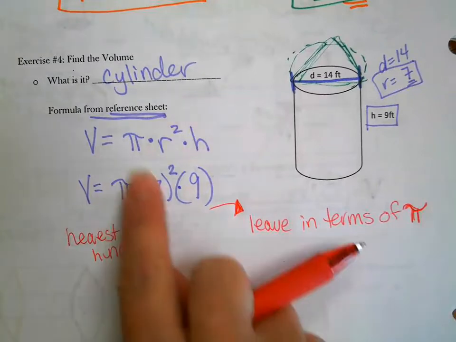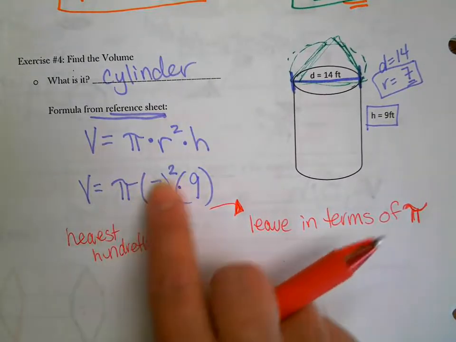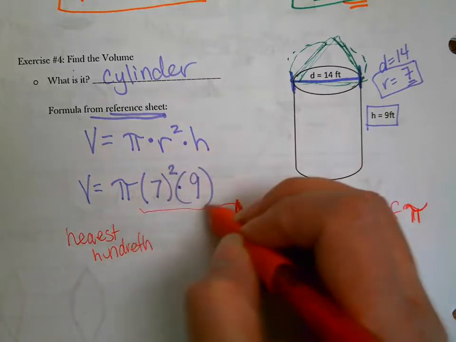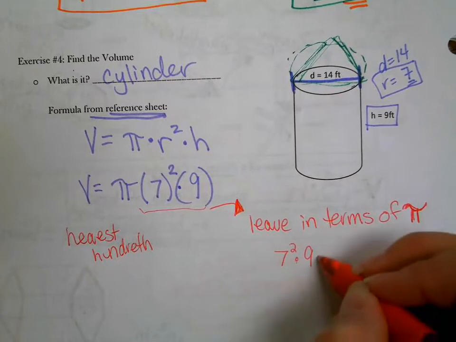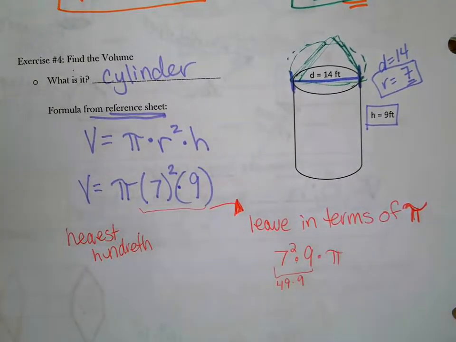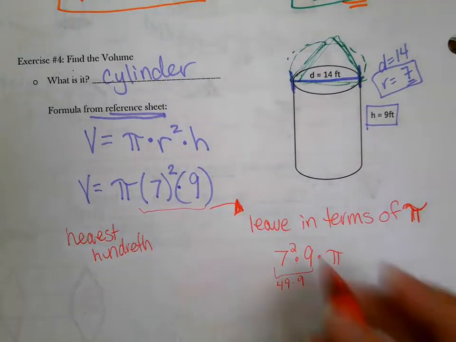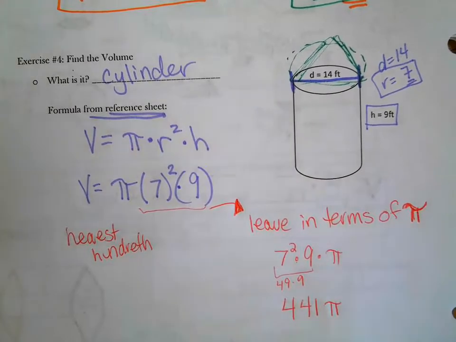In terms of pi means we treat this pi symbol as an x. So this is x times 7 squared times 9. Now these numbers can be multiplied together. So I'm going to rewrite that as 7 squared times 9 times pi. It's really 49 times 9, and I'm just trying to do that out in my head. It's going to be 441 pi's. Okay?